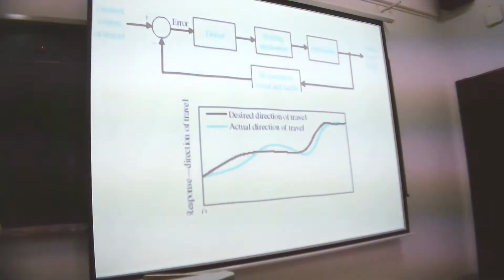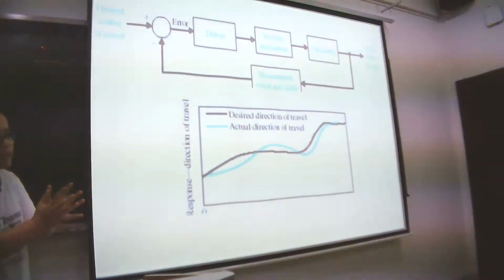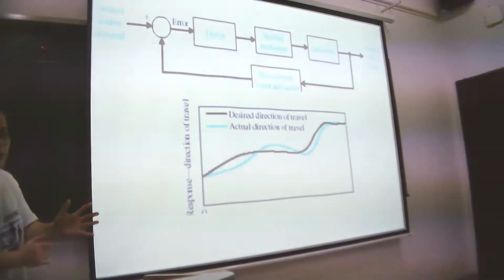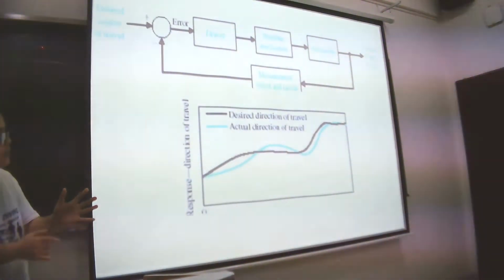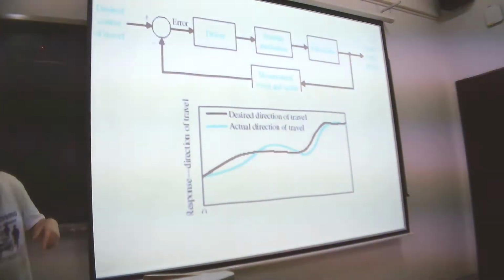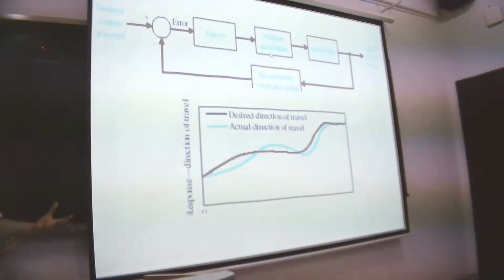Now we will see the difference between this actual direction and this desired direction. If they have an error, then we steer this machine. If no, we will stop. So this is the first loop control system, also called a closed loop control system.